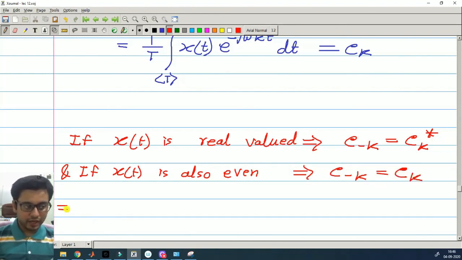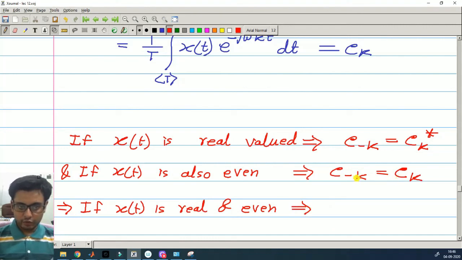So this implies if x(t) is a real valued function and also an even function, then we will have Ck and Ck star being equal. So Ck will be equal to Ck star.